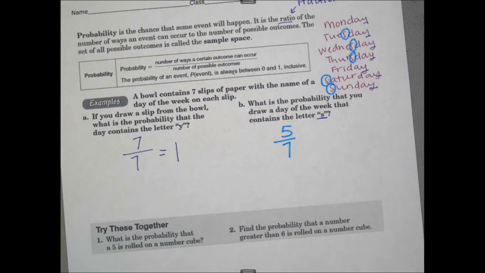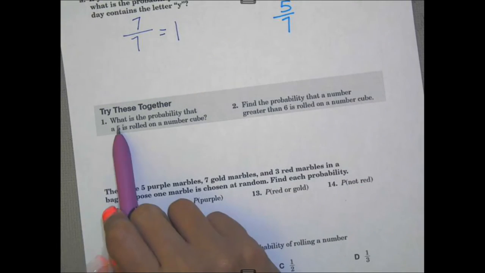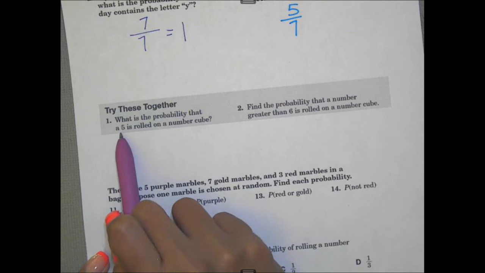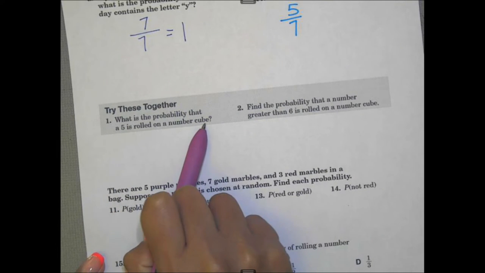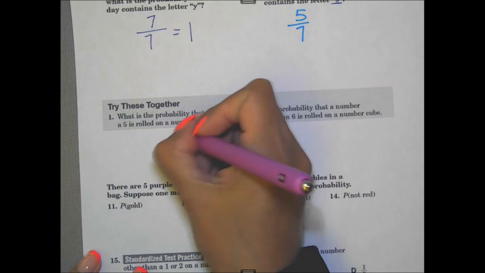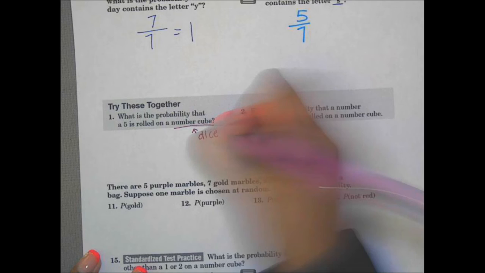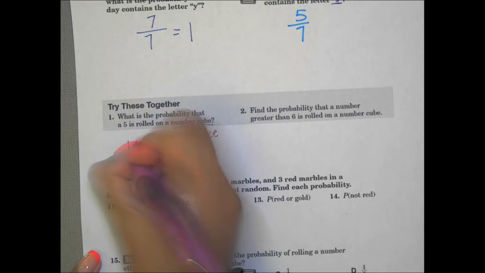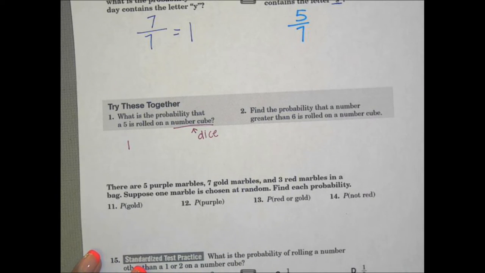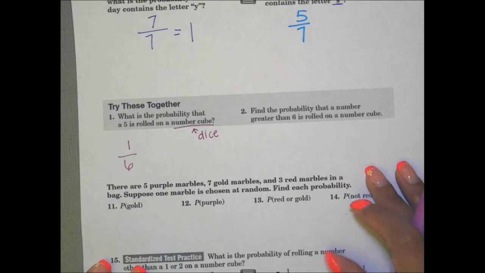Okay, so we're just going to keep working some examples. So it says, what is the probability that a 5 is rolled on a number cube? So there's only one 5 on a number cube. And in case you don't know, a number cube is a dice. So one chance out of 6 total possibilities.